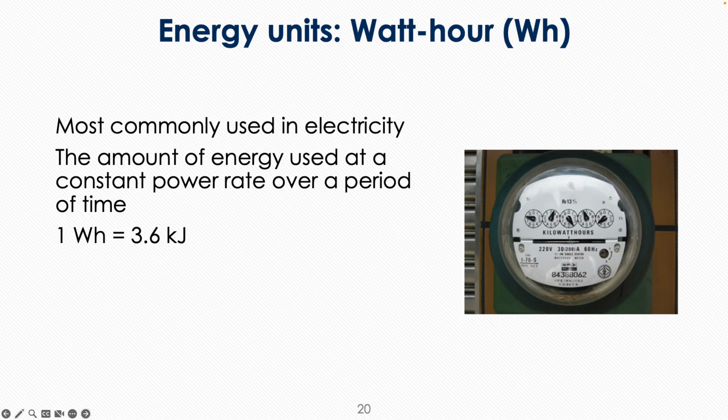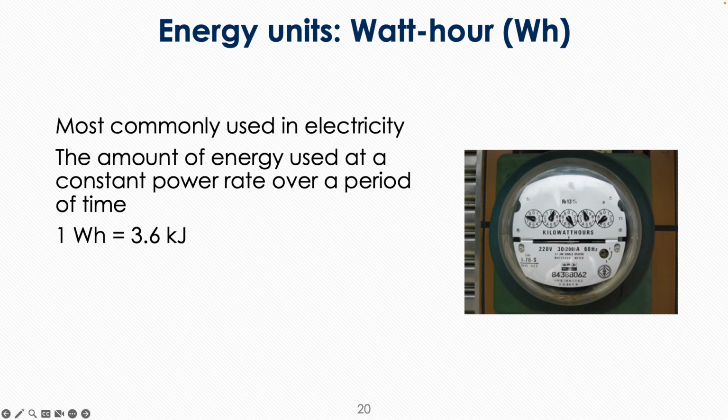So when we say watt hour, it's literally a watt times an hour, and then you do a set of unit conversions. So 3.6 kilojoules, or 3,600 joules. That's the standard way you can convert between a watt hour and joules.